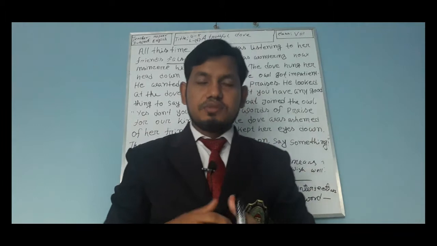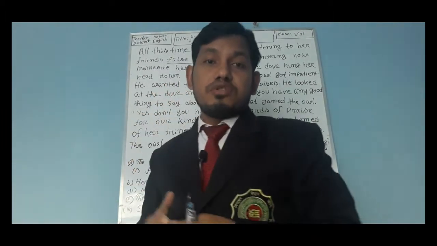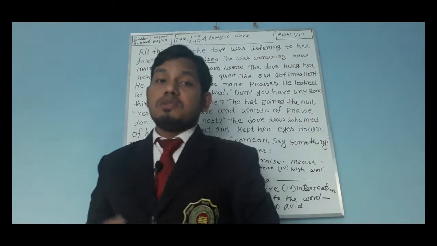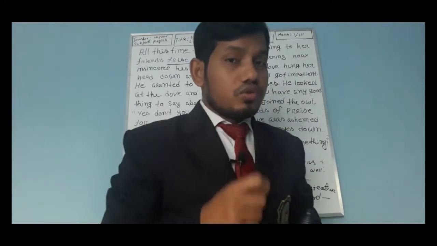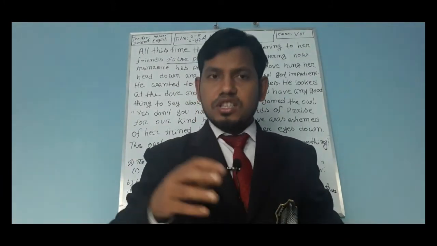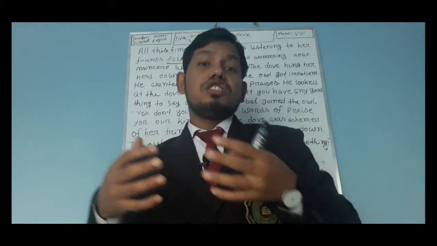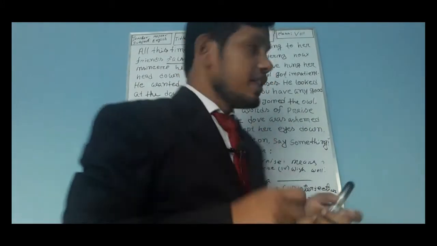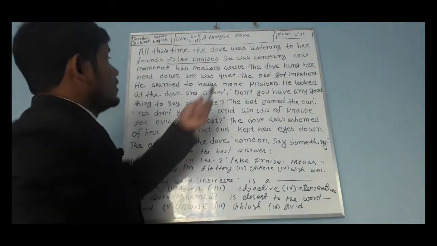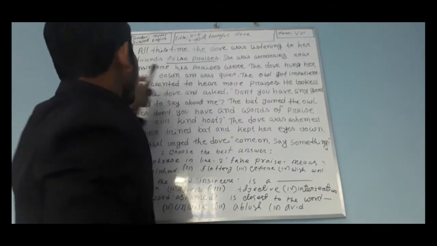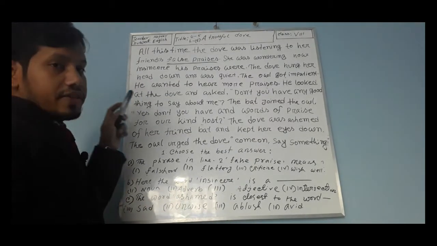Flattery means to speak well of somebody even though it's not true, to speak good of anybody for one's own sake. Then she was wondering how insincere his praises were.